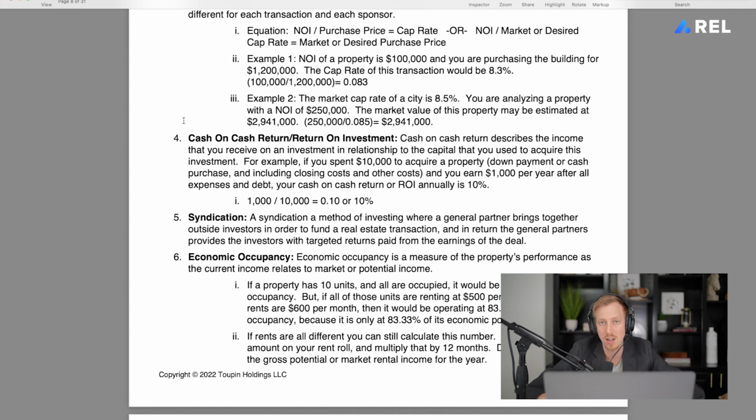It's basically the return on your investment in a specific year or over the course of an investment, right? You could have an overall cash on cash return, or you can have an annual cash on cash return. Normally, it's annual cash on cash return that we're looking at. We want to see, hey, how much money are we making on our money?